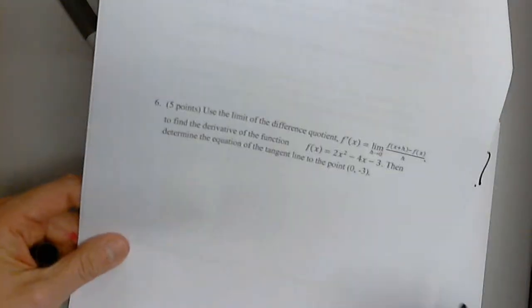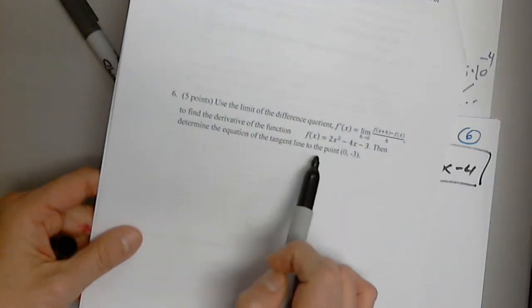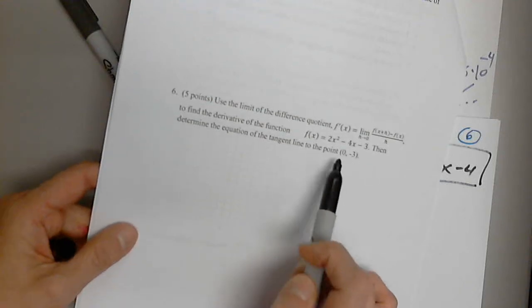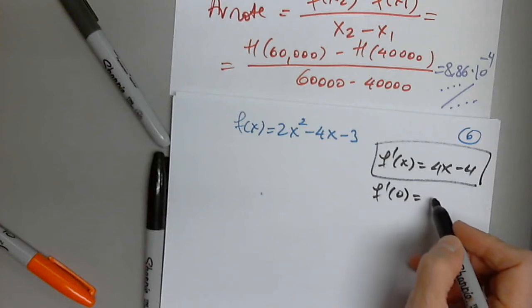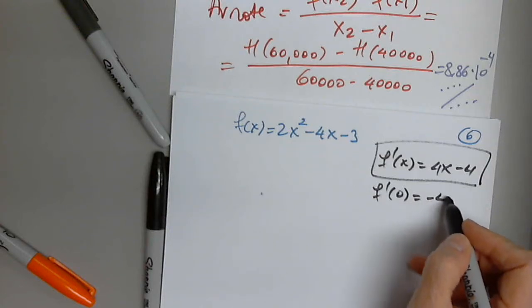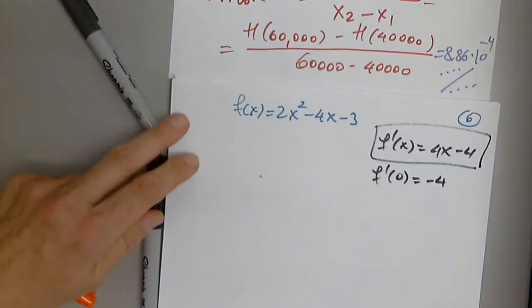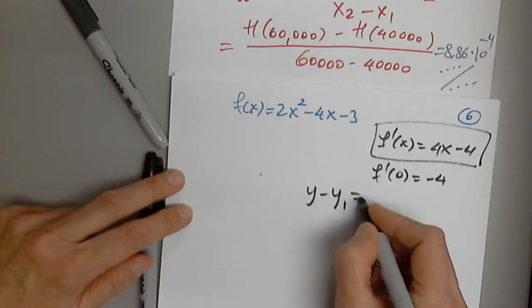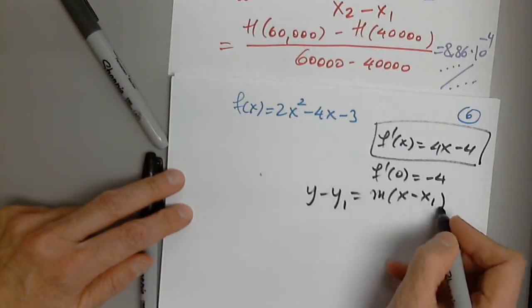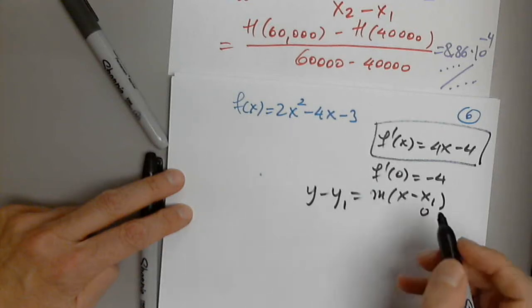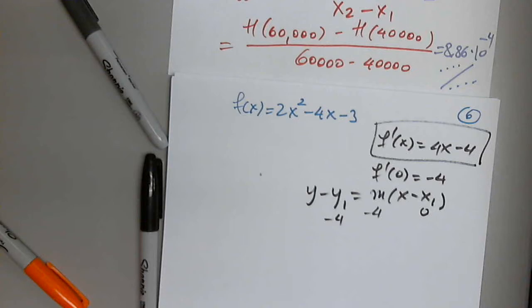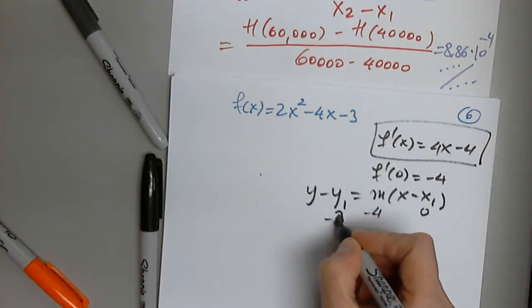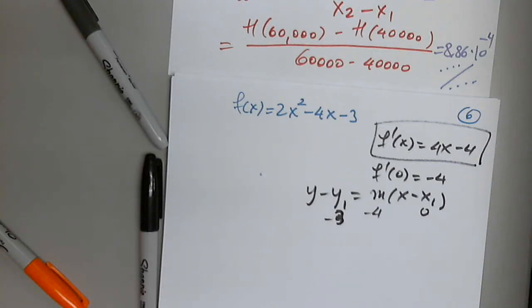It's also asking us to determine the equation of the tangent line at this point 0, -3. So how much will be f prime of 0? Good. So I can already determine the equation. Y minus y1 equals the slope times x minus x1, where the point is 0, -3, and the slope is -4.